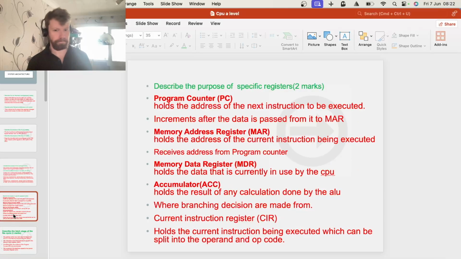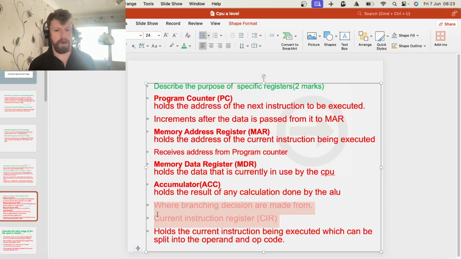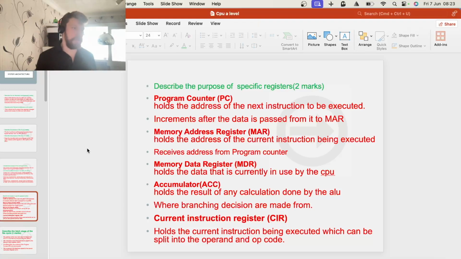The specific registers. Now, if they would just get you to state and describe them, there are five that you need to know. The point with these is if you can just remember one sentence about each. The program counter holds the address of the next instruction to be executed.